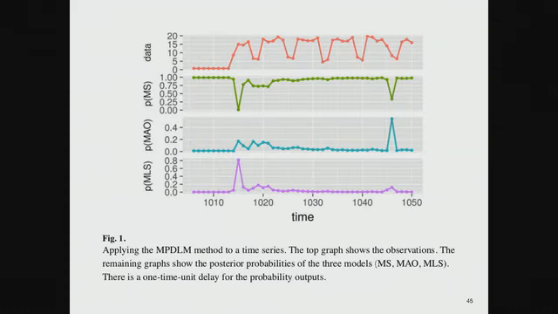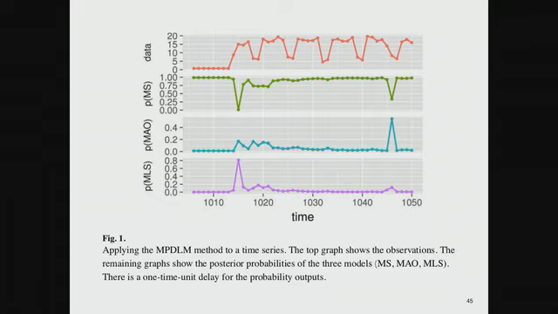And if you plot this, there's the data for a time series. So you see the weekly variation. But what you see is that the probability of the steady behavior is quite high, except at certain points where it all of a sudden dips. And so those are places where you suspect that something interesting is going on.